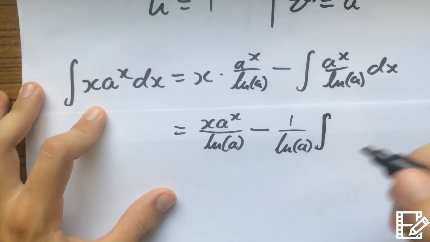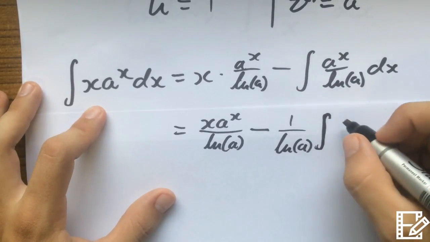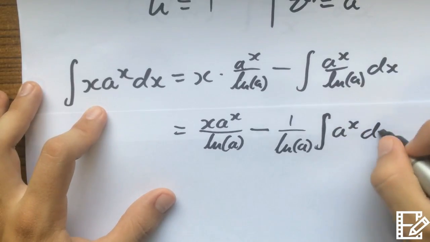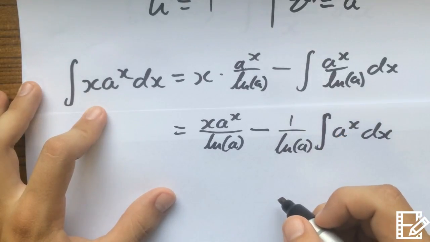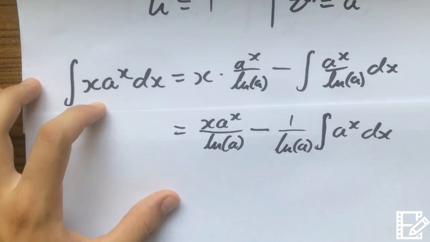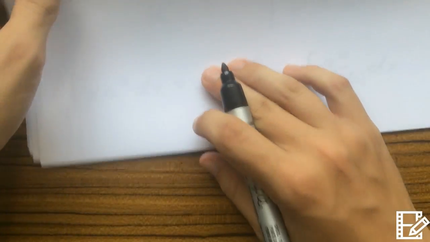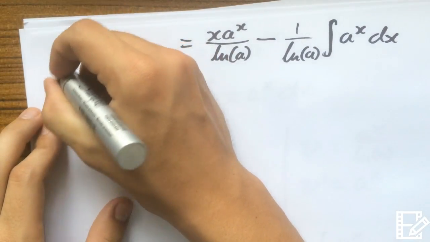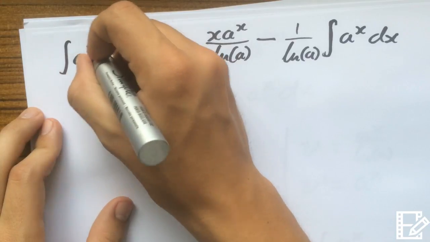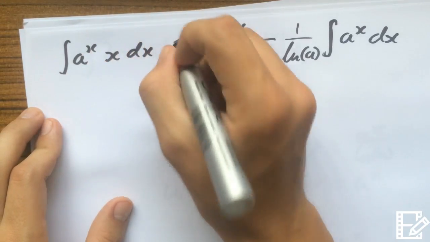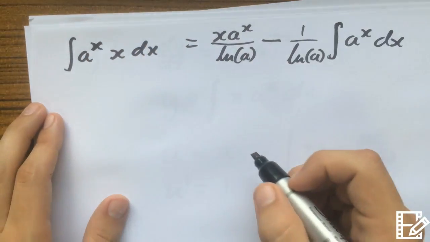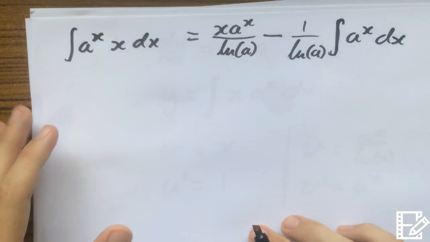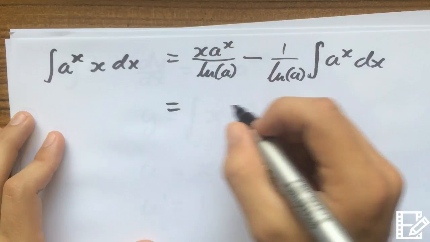I'm allowed to do it. I can't speak English. I'm a mathematician. But shush. That's what I get. I multiply the 1 over ln of a at the front because it's a number, and I leave the a to the power of the x inside. And I'll write what we started with, which was a to the x. Probably wasn't in that order, but it doesn't matter because we're multiplying them together. We can switch them around however we want. Anyway, let's do the question. Let's solve it.